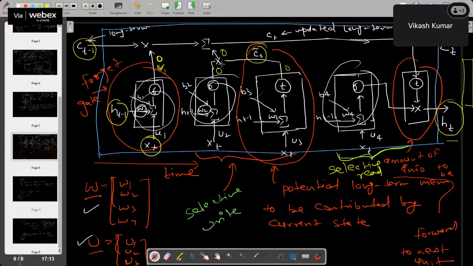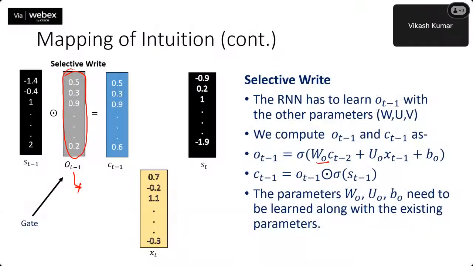Then we are applying some summation function, and before that we have some multiplication. So the one input, the other input: this is the x t minus 1 multiplied with the U naught, the output gate, and this one is the c t minus 2, which is basically the history, the long term information that is coming from the past. And plus, if some biases are there.